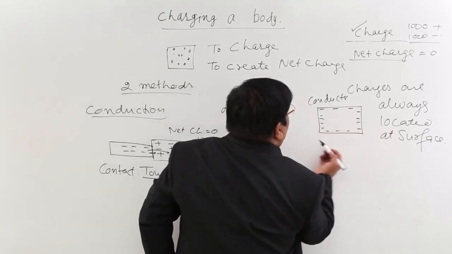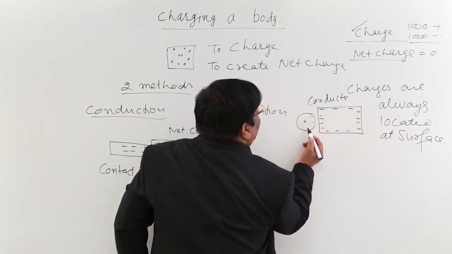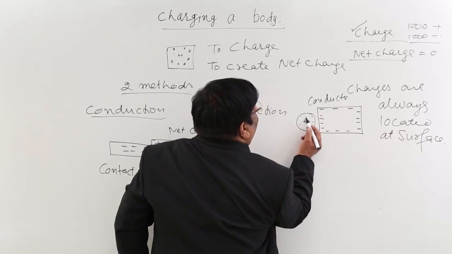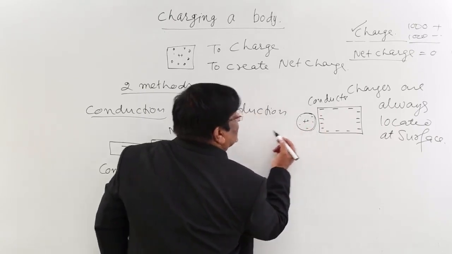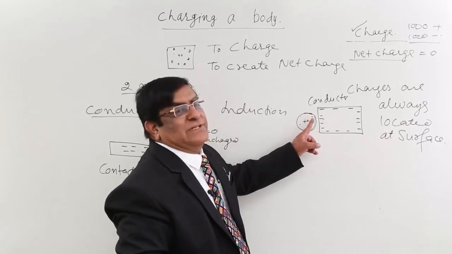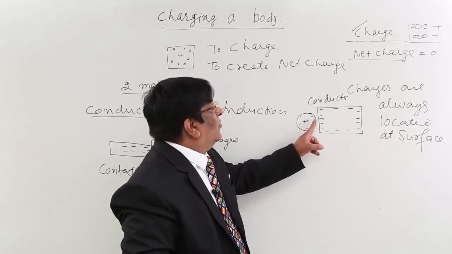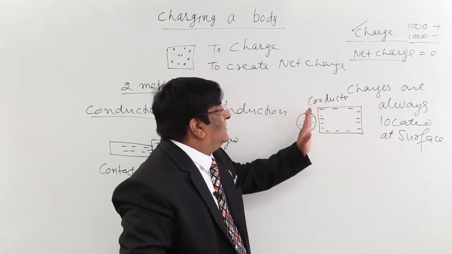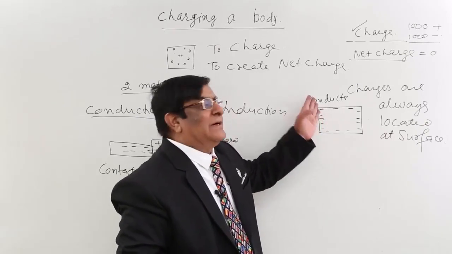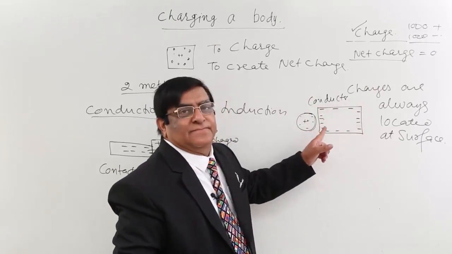If it wants to go out, outside there is air, and air atoms are an insulator. It is not possible for this electron to move into the air because it is an insulator. This will not allow it. So it has to stay inside the conductor, and inside the conductor it has to stay on the surface.